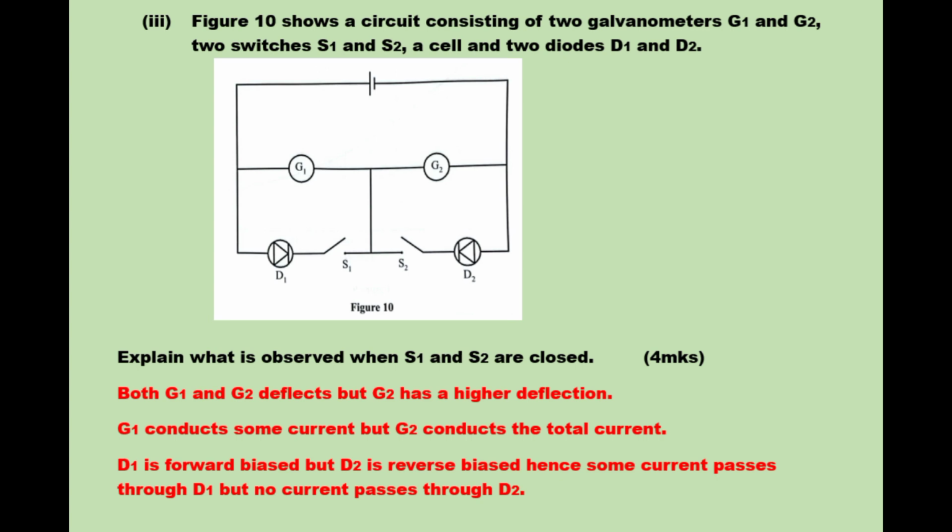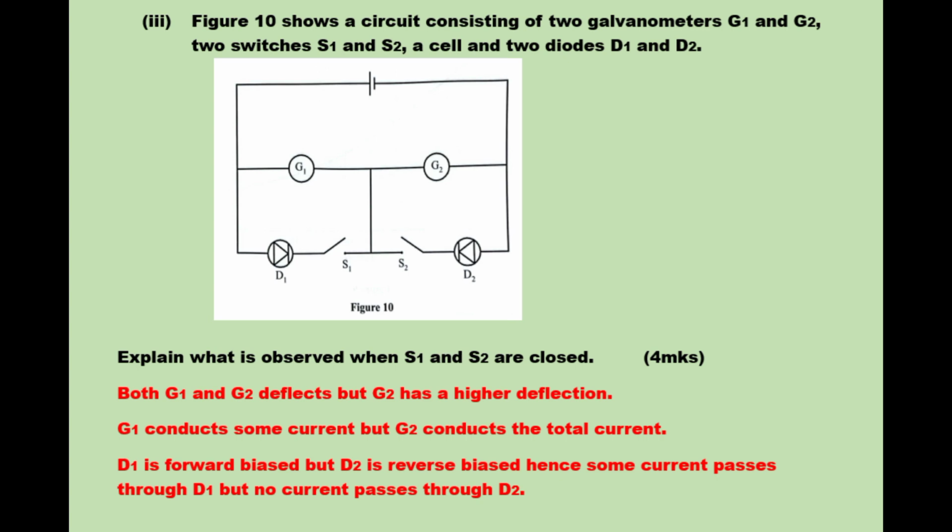So you realize through galvanometer 2, full current passes through there, because the current passing through galvanometer 2 is both the current that had passed through galvanometer 1 and the one that had passed through diode 1. And then it combines and comes back to the negative terminal. That's what we are saying: galvanometer 2 is giving a higher reading than galvanometer 1.